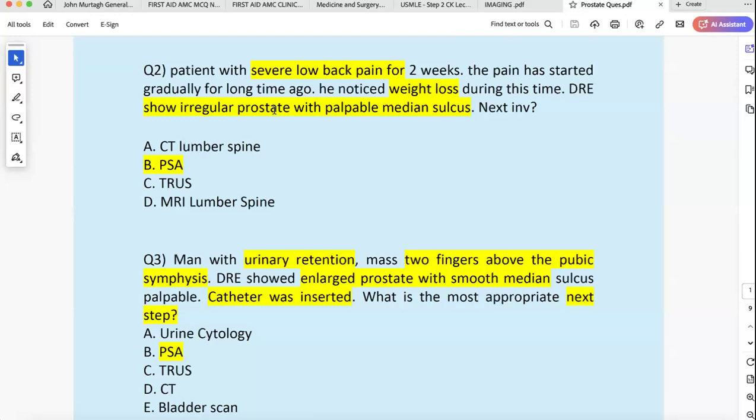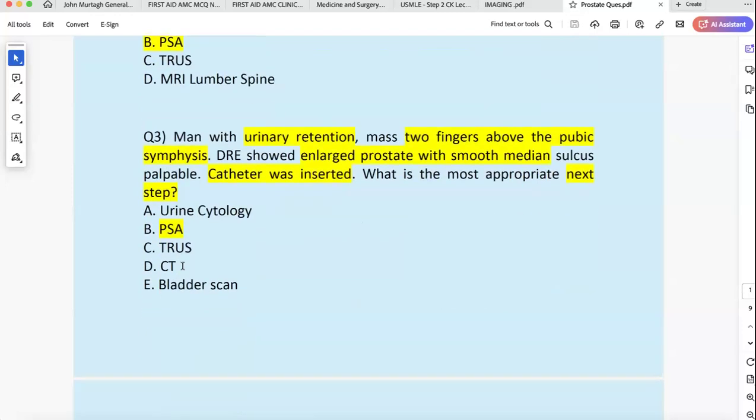Because that's the next investigation, right? You would not jump to MRI or CT directly, or jump to a biopsy without doing a PSA first. So the first thing is PSA in this case, okay? And don't think that just because you did a DRE, you can't do PSA. You can. Those things are not true anymore, okay? So we will go for PSA in this patient.